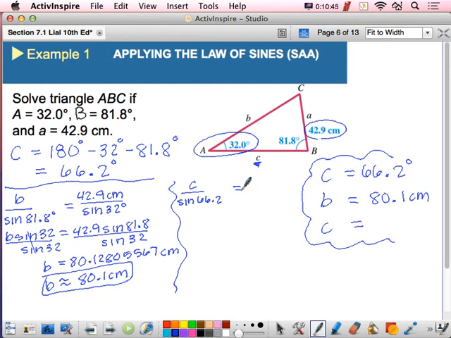If you use B over sine B, we can't use that rounded answer. So it's much easier to use the givens than the unrounded answers. So we have 42.9 divided by sine of 32 right here. So C over sine C equals A over sine A.